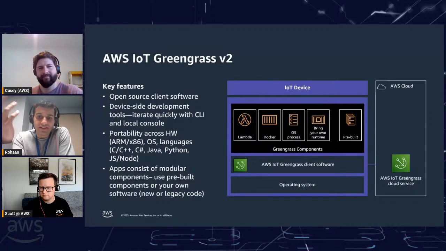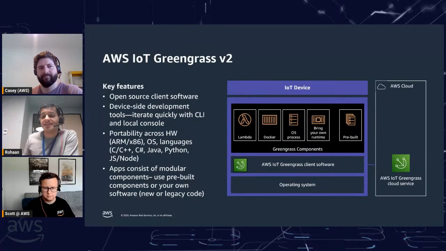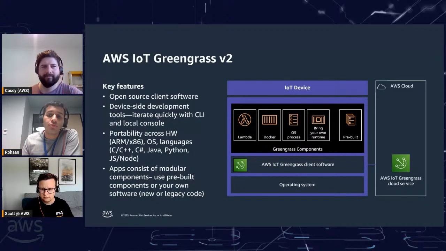Essentially, it's an open source runtime developed by AWS that you can run on your edge devices and then deploy components to, whether it's a Lambda function or a container or something like that. So we can have one consistent runtime across all the different types of fridges and devices that we can then deploy any of our collection or processing scripts to, right?